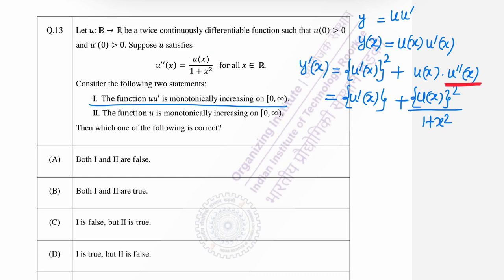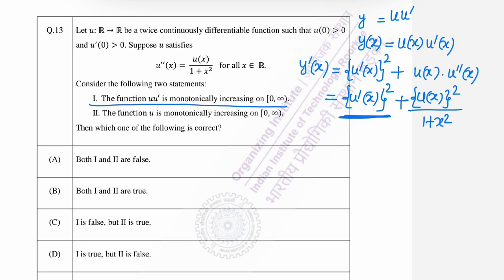Okay, so you see what we get. Here is a square. What we get, you see, this is a non-negative number because u(x) is a real number, that means a real number. So u(x) is a real number, and a square of a real number is a non-negative real number.